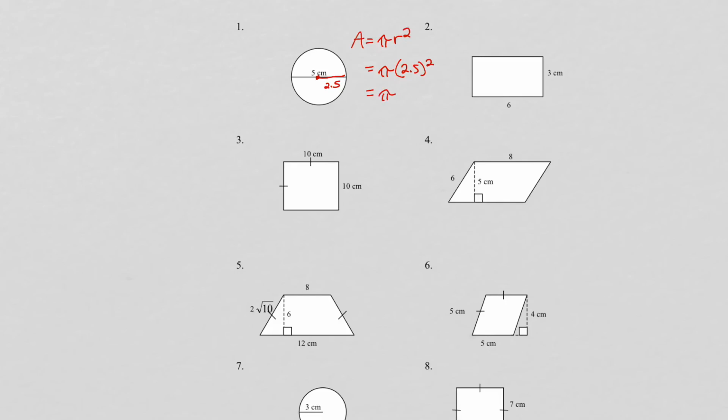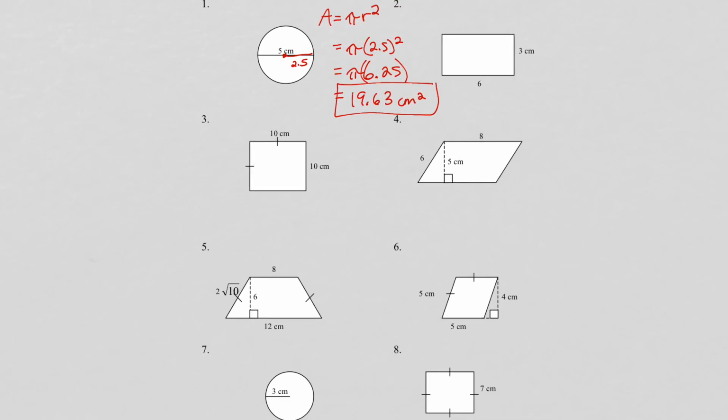If you want to see more of that, it's going to be 6.25. And in the end, that's going to be 19.63 centimeters squared. Now you could do length times width here, but really this is a square, so we can do side squared. So that's 10 squared, which is 100 centimeters squared.